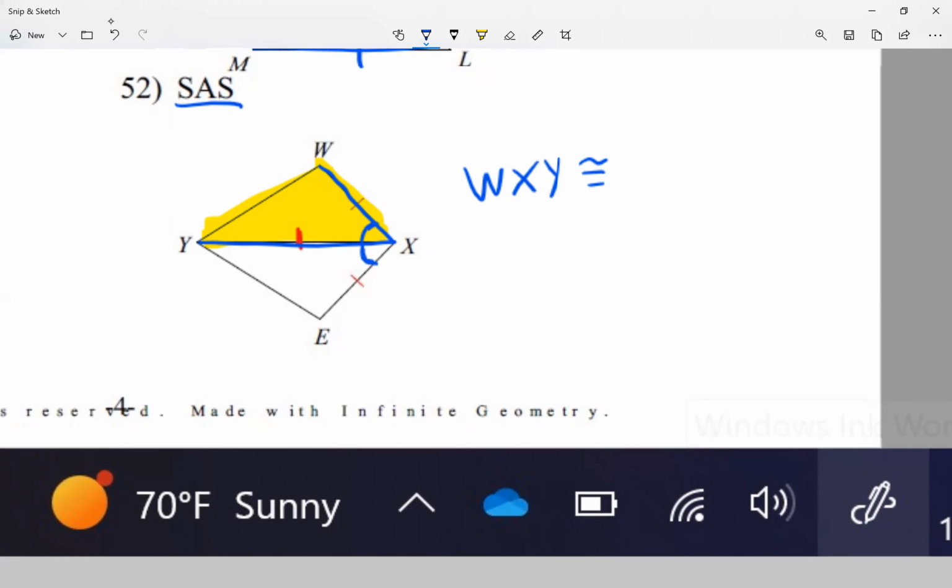Again, use all three letters, with X, the vertex, in the center. So I'm going to call this EXY. Can you call it YXE? Yeah, use all three letters, with the vertex in the center. So EXY or YXE, however you want.